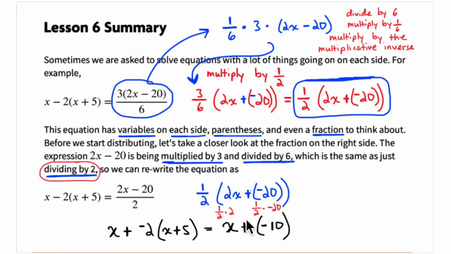And this becomes 1/2 of 2 is x, and 1/2 of a negative 20 is negative 10. So this becomes x plus negative 10. And that's written right here. 1/2 times 2 is 1. So this becomes 1x, and 1/2 times negative 20 is negative 10. All right, so I'm going to take this part right here and write this on the next page.